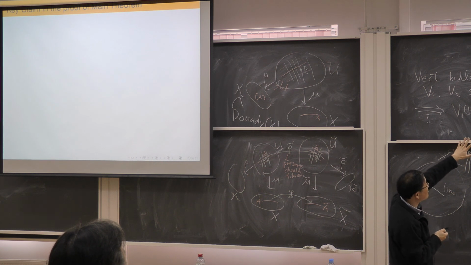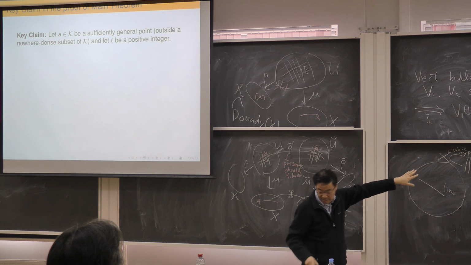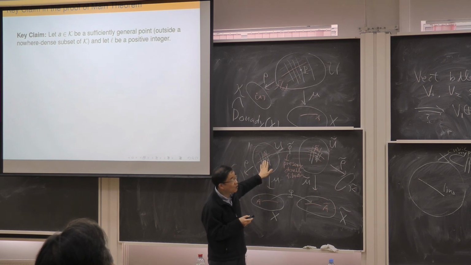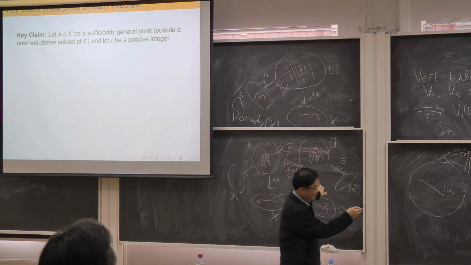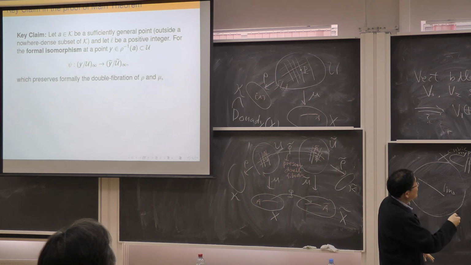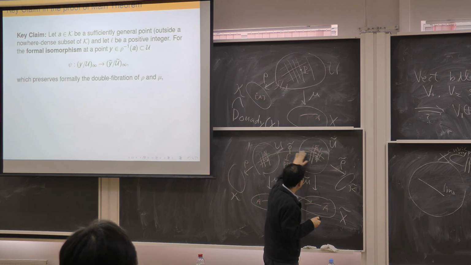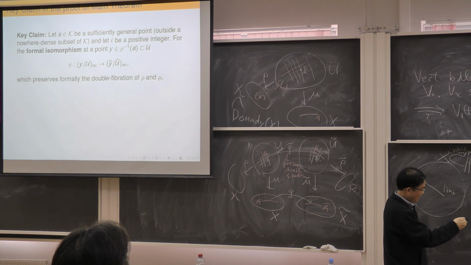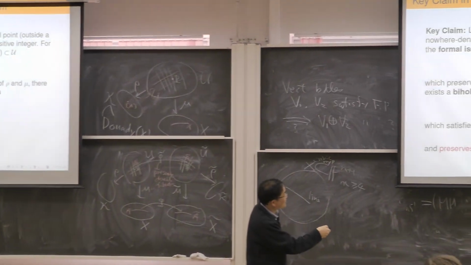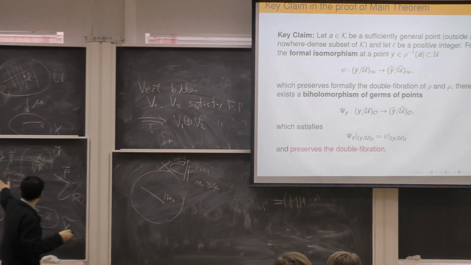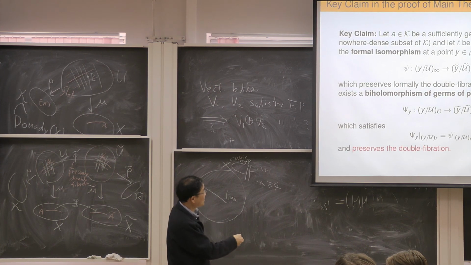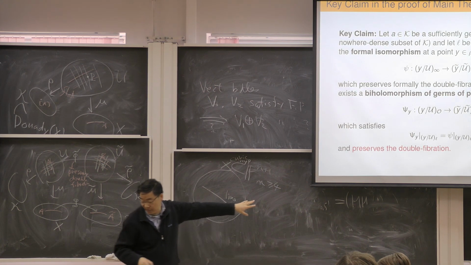So that is the setting. And then the key claim is that this formal isomorphism can be approximated by biholomorphic isomorphisms outside a nowhere dense set. So this formal isomorphism on the universal family can be approximated by biholomorphic germs at this point, which preserve the double fibration. That is the main point.